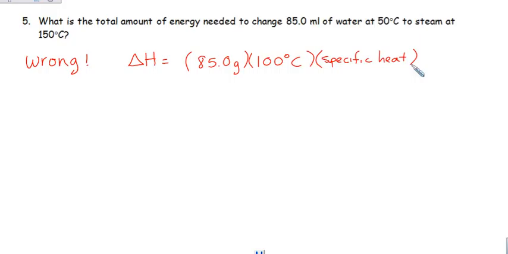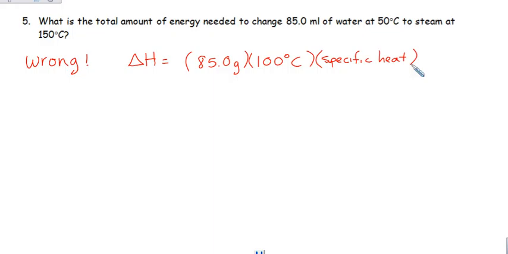Here's what's a little tricky, especially if the substance is water, which we're expected to be pretty familiar with. Between 50 degrees and 150, you're going to go through a phase change. And often, if you just leave it at that, you're getting the energy required to change the temperature, but you're not adding in all that heat energy required to boil the liquid water at 50 degrees and change it to steam at 150.